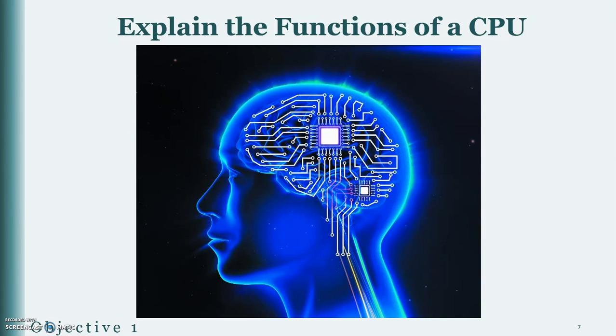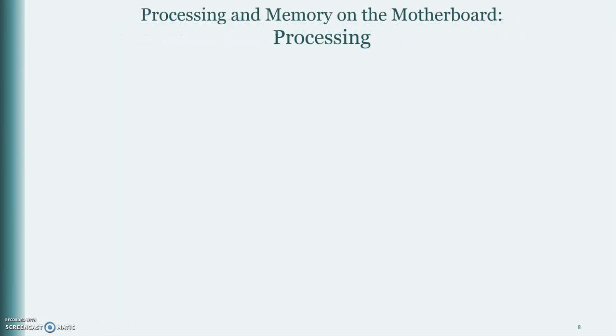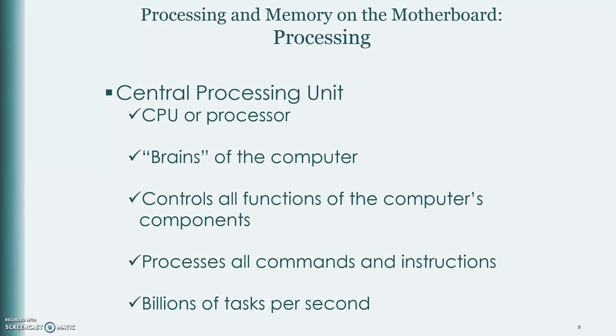First of all, let's start talking about the CPU. The central processing unit, you may hear it called CPU or a processor, is sometimes referred to as the brains of the computer because it controls all the functions performed by the computer's other components and processes all the commands issued to it by software instructions.